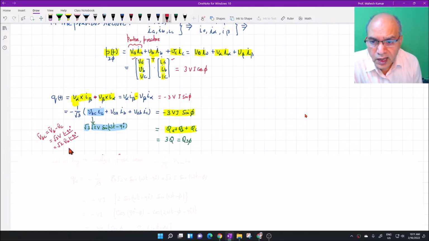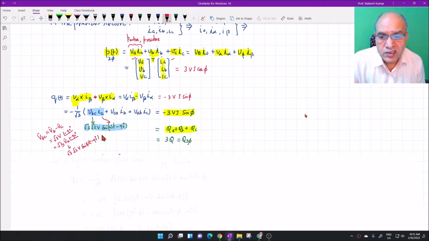And if I transform into the time domain, this becomes root 3, the peak of V is root 2 V, where V is the RMS value, sine omega t minus 90 degrees. This is the time domain expression for Vbc. So this into this current, let us say, for only one term in this expression.